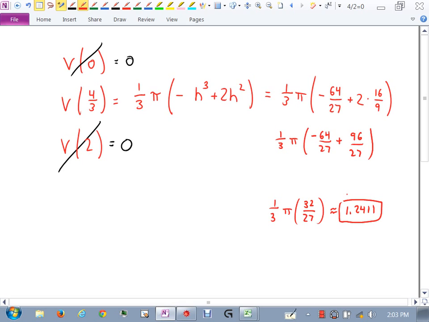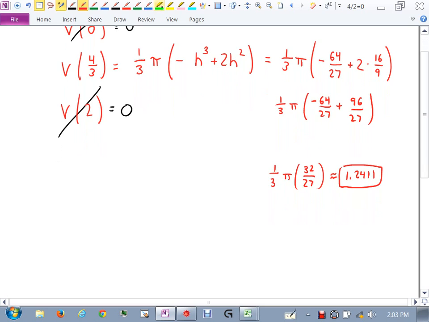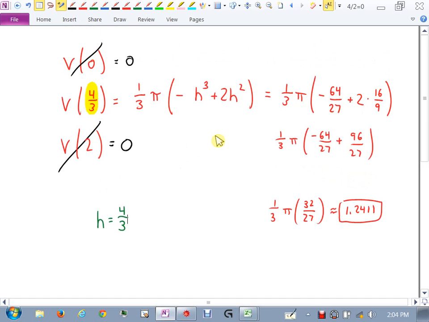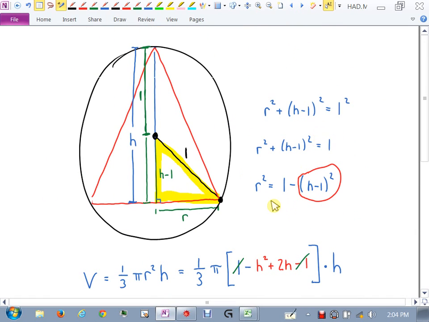What are the dimensions that give you the maximum volume, though? What are the dimensions? We said it happens where? When h is what? 4/3? So we get a maximum volume when h is 4/3. When h is 4/3, can you tell me what the radius must be? See, I want to know the dimensions of the cone. You have to go back to where you had R and H connected, and that was way back here, right here.